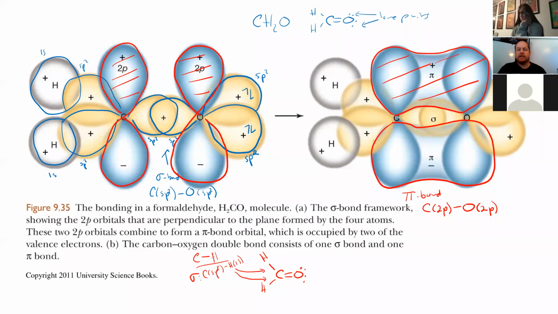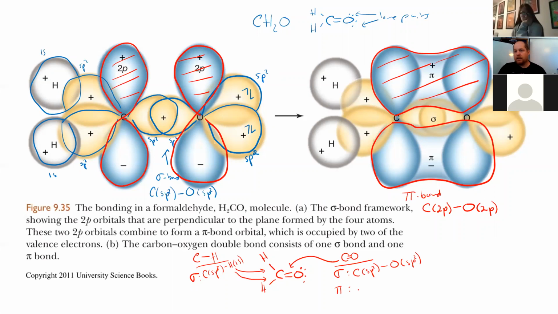They're essentially the same type of bonds they're forming. And then if I look at the CO, this is a double bond here, so I can specify that. The CO double bond has a sigma bond and it has a pi bond.